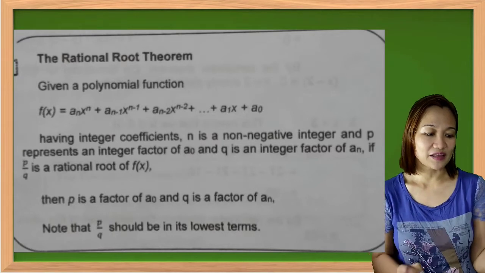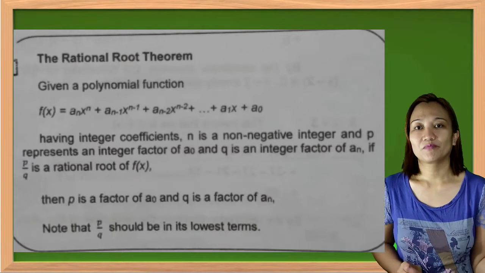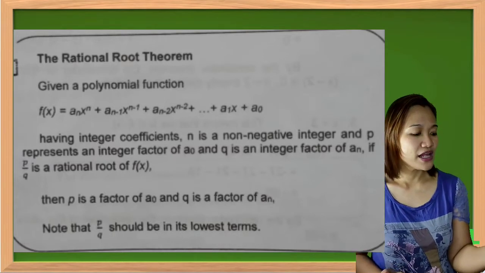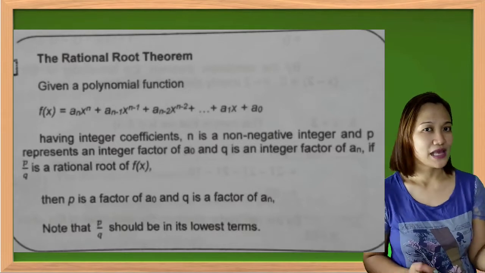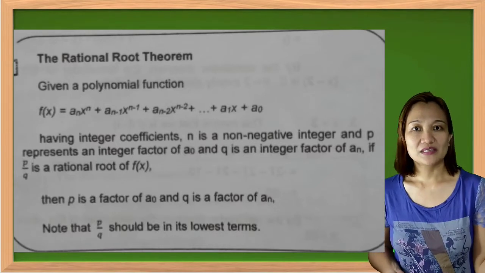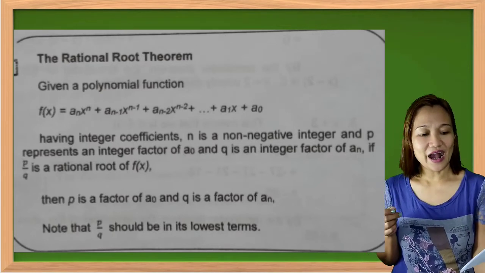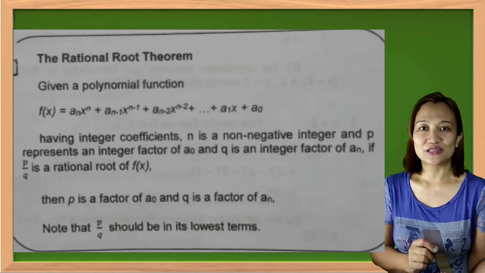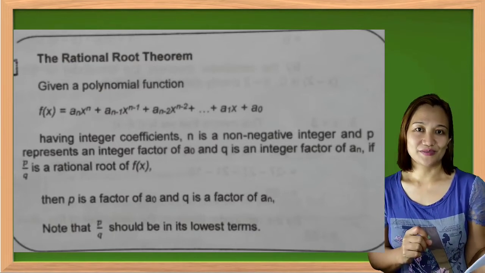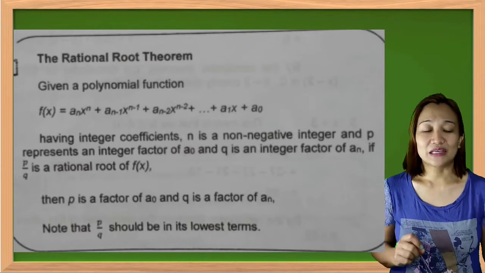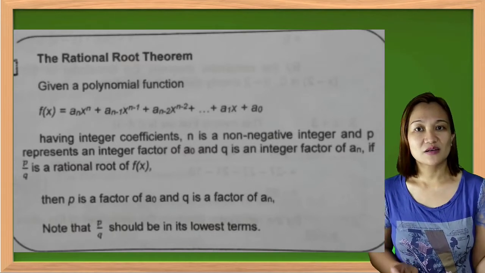Okay, ulitin natin. Having integer coefficients, okay, yung mga values ng a natin, a sub n minus 1, up to a sub 1, are all integers, and p represents an integer factor of a sub 0.